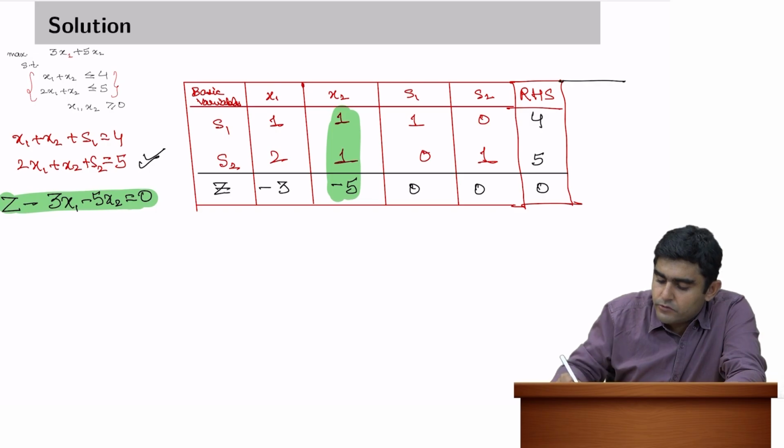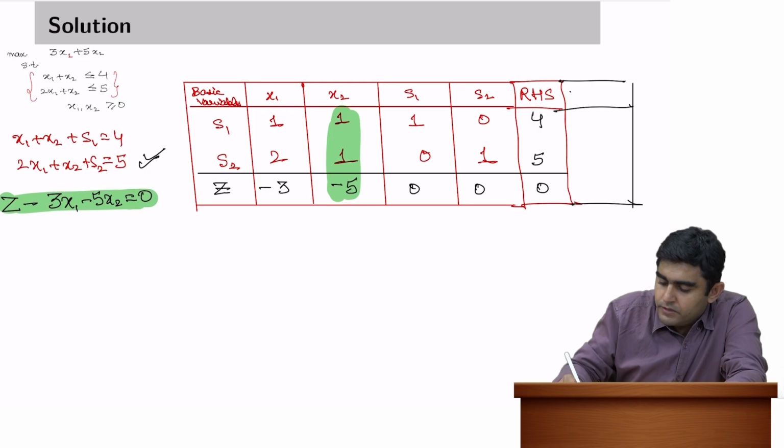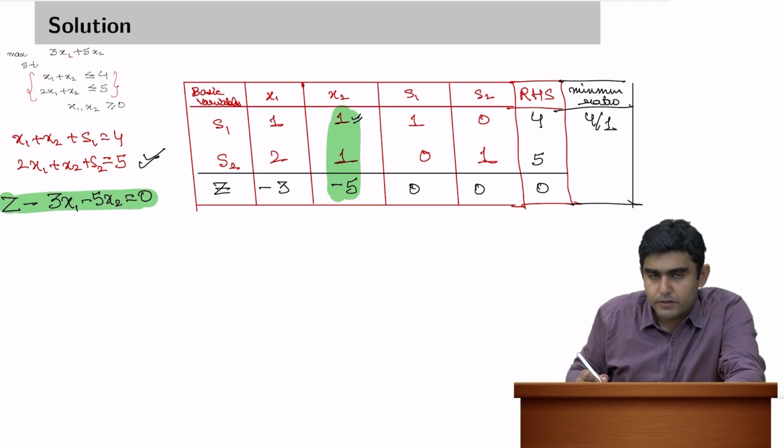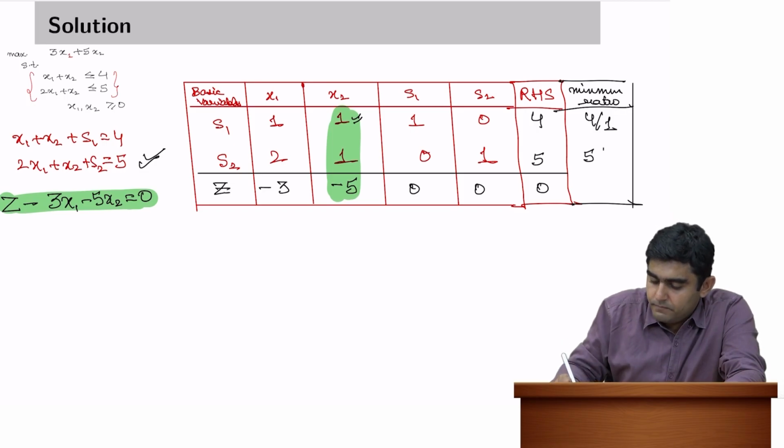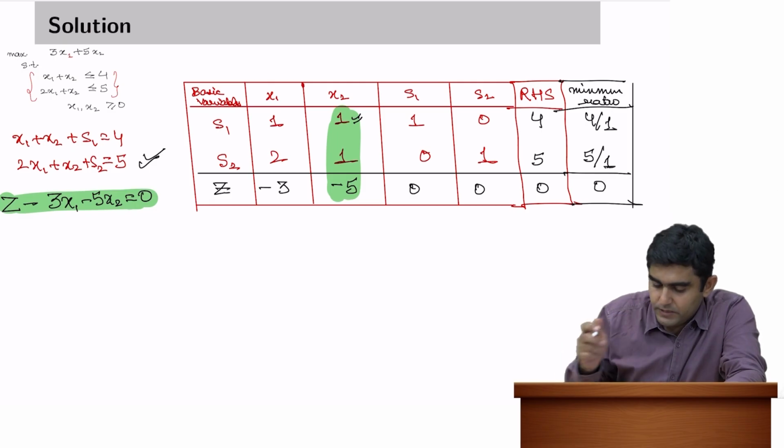For that, we also defined what we call the minimum ratio. This ratio comes out to be RHS divided by the highlighted corresponding element, and 5 divided by 1 here, and this still remains 0 because we have not updated anything.